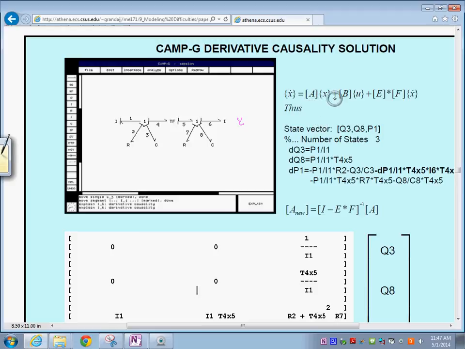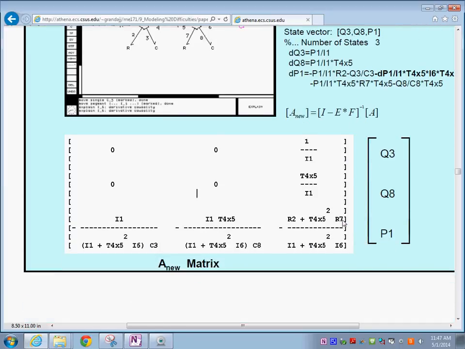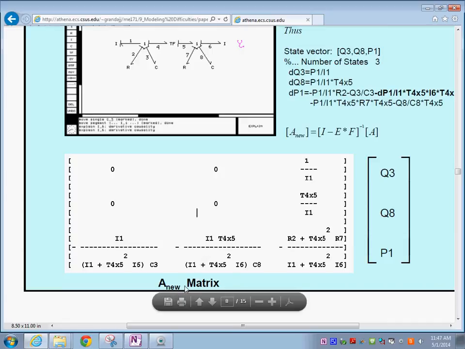So in here, if you have this, we can find out the equivalent new A by doing this matrix operation. And so this is the new matrix.